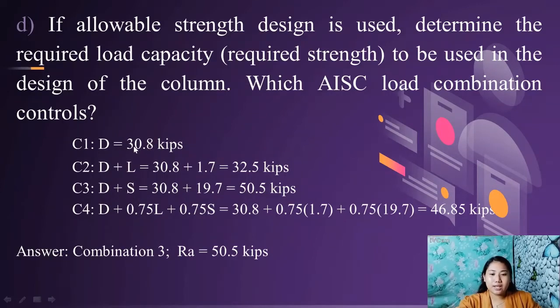So C1 we got 30.8 kilopascal, C2 32.5 kilopascal, C3 50.5 kilopascal, C4 46.85 kilopascal. If we go on with our solving, the largest is C5 and so on. Then the answer is combination 3, which is 50.5 kilopascal.